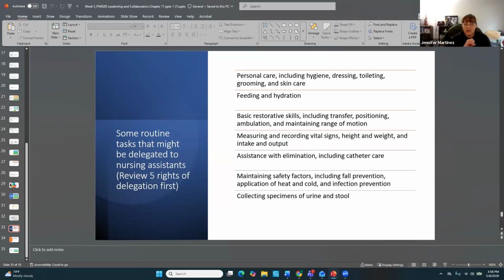Basic restorative skills, transferring, positioning, ambulation, range of motion, vital signs, height and weights, I&Os, helping them with elimination, and that includes catheter care. Okay. Safety factors, fall prevention, heat and cold application, infection prevention measures, and then collecting specimens for urine and stool only. Okay. So those are some of the things that we can delegate.